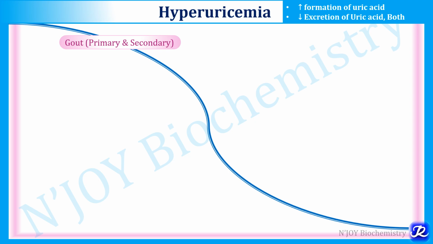And the secondary causes are the manifestation due to certain clinical conditions causing increased synthesis or decreased excretion of uric acid. So we will see this gout in detail in a separate video on gout.